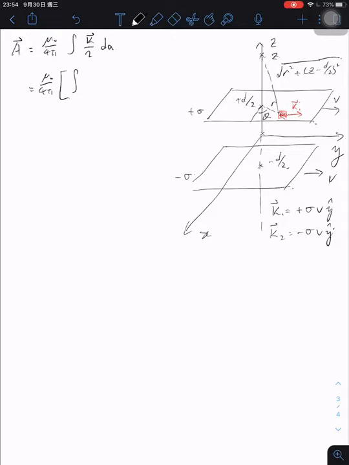Since we are using polar coordinates, the unit area dA here is just R dr d theta, over the distance.